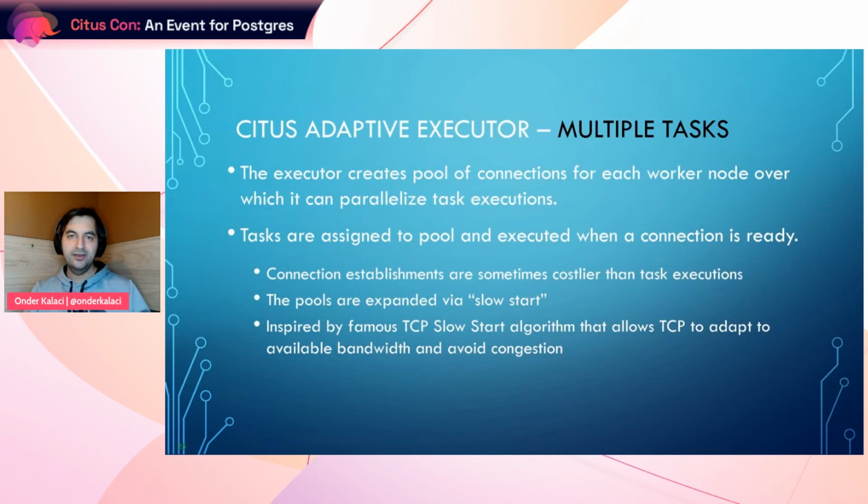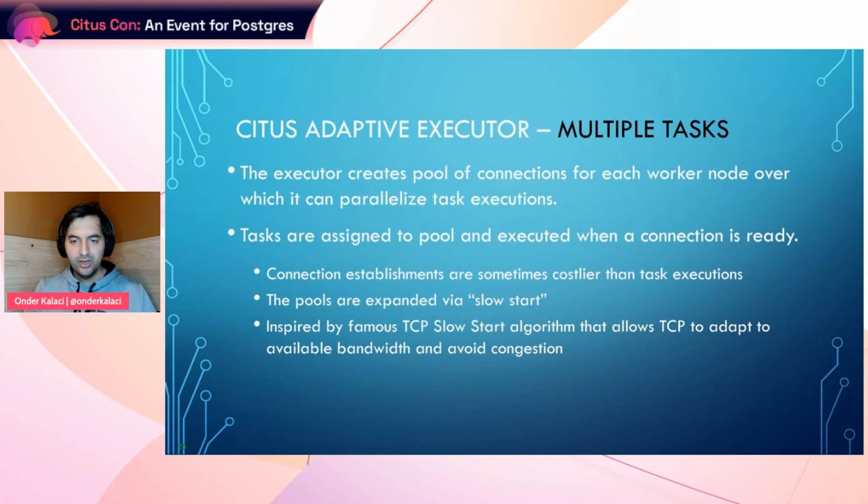Remember that one of the value propositions and important parts of Citus is its ability to parallelize queries across shards, and this is how it happens. It creates a pool of connections per node, and as soon as the tasks are available, those tasks are assigned over these pools.